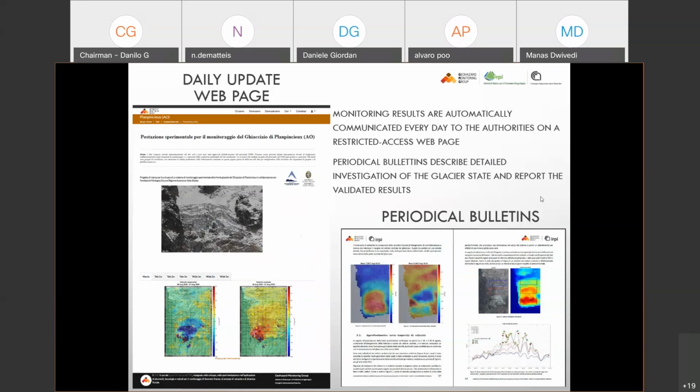Therefore, a daily updated web page is shared with the authorities in order to have clear the situation of the glacier, and periodical bulletins serve as an in-depth analysis of the glacier development and its evolution.